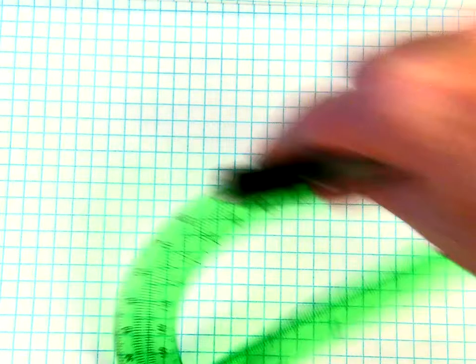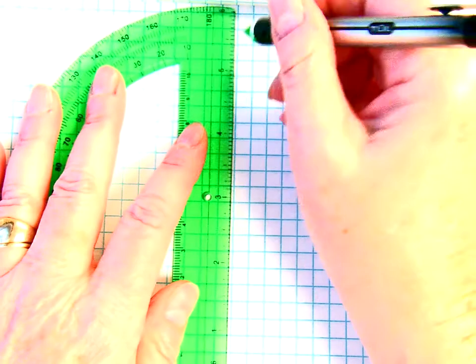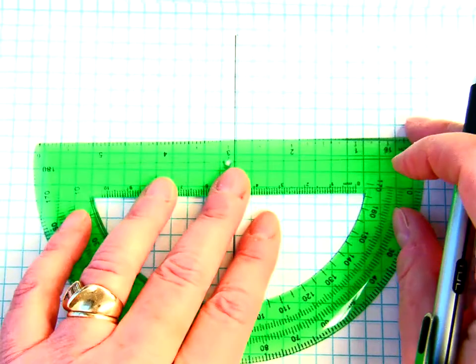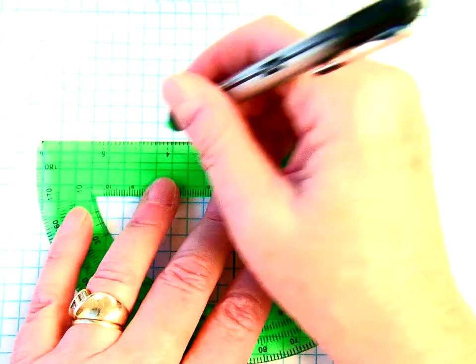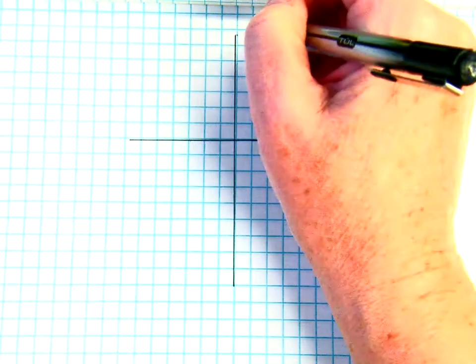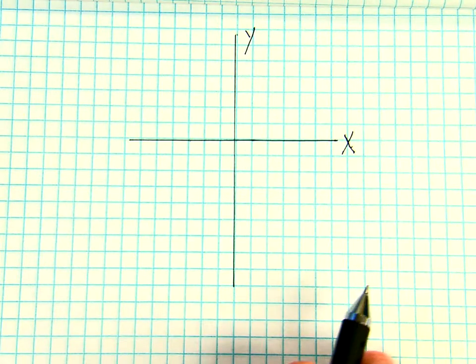And let's talk about the y-intercept, okay? This is going to be an important part of what we are looking at with the slope-intercept equation. So we know that, excuse me, on a coordinate plane, we have got these two axes. We've got the x, and we've got the y axis, okay?